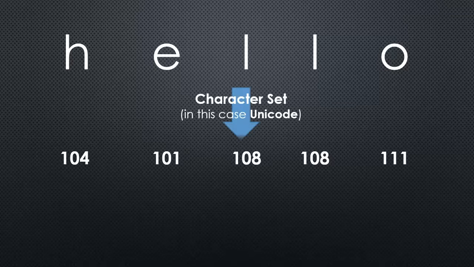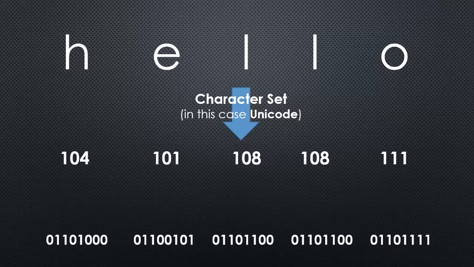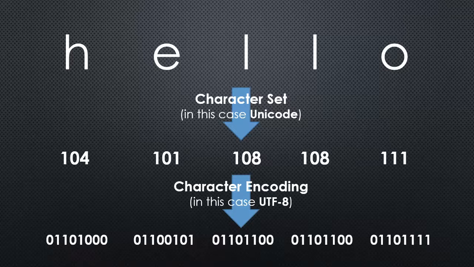Now, there are different ways that I could store a number in binary. And so I have a number, and the character set says, all right, here are the numbers that each one represents. And then the character encoding, in this case we're showing UTF-8, determines how we're actually going to store the number in binary.